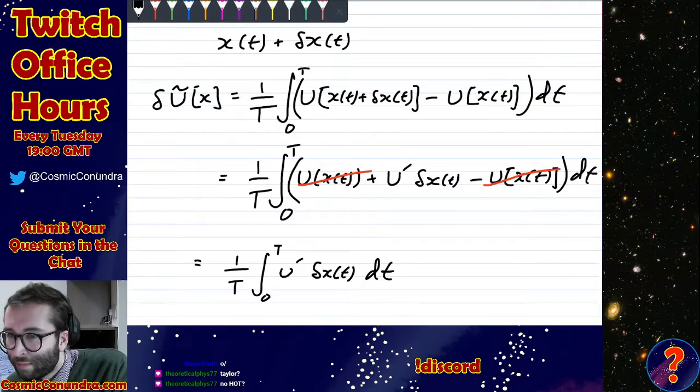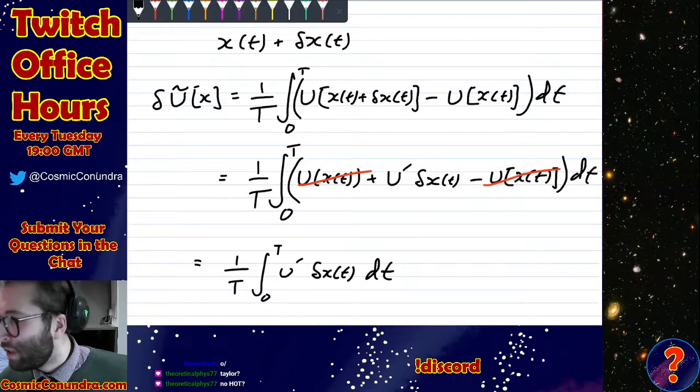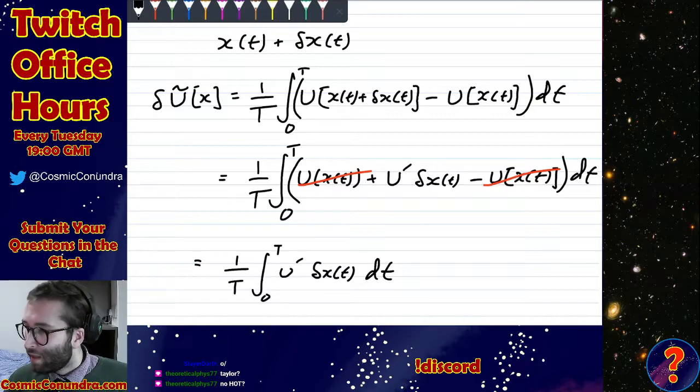No higher order terms? No, I mean, we're only taking this as a small deviation away from the path. We're free to do that, so we don't need to think about the higher order terms here.